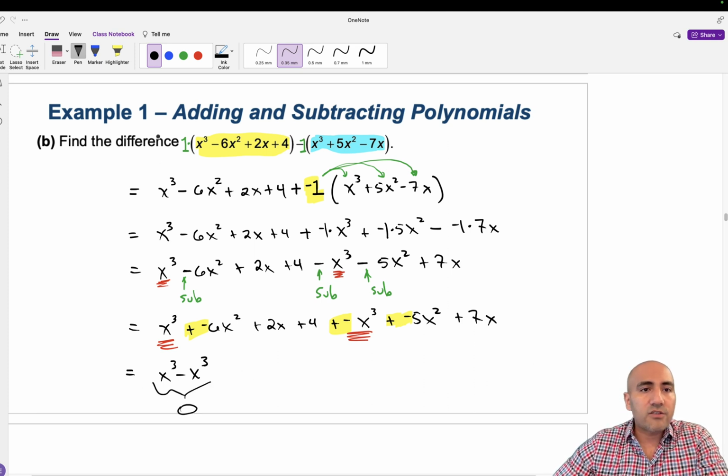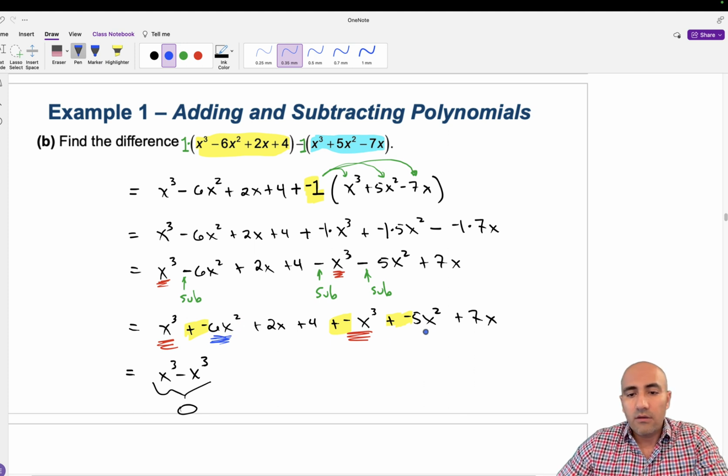All right, now the next term, let's go over here, the x squared terms. So we have negative 6x to the second power plus negative 5x to the second power. Remember that a negative plus a negative equals a bigger negative, right? So this becomes negative 11. We could have also, again, seen it up here, minus 6x squared minus 5x squared.